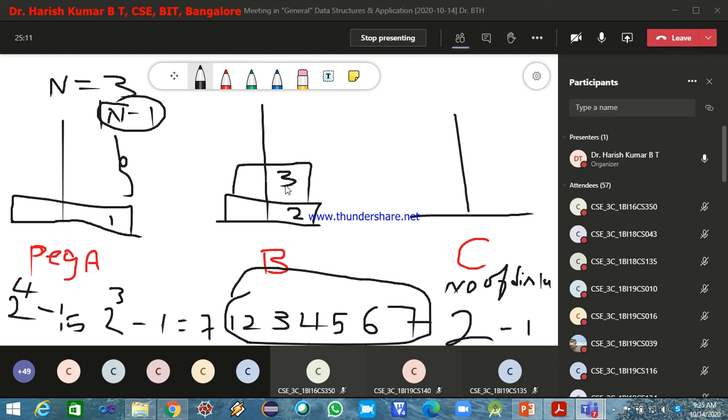Then we move the remaining n minus 1 disks from B to A using C as auxiliary, and then the last disk again gets shifted to C. This is how it works, and when I go to the algorithm I'll show you. So we make use of this concept, n minus 1.